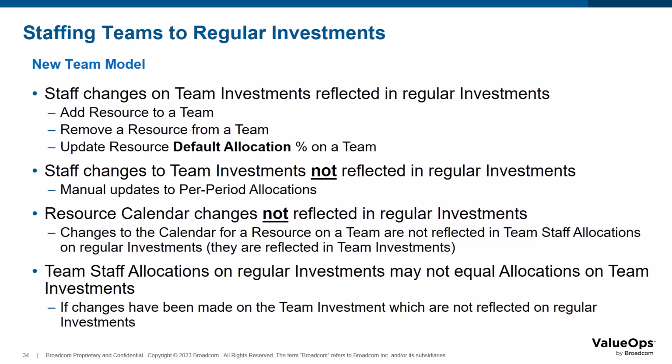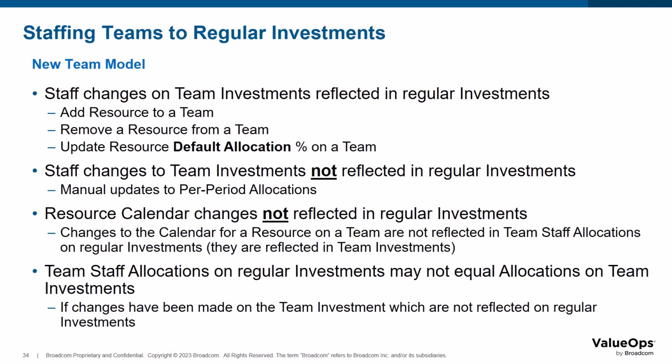And to recap from the prior slide, there are some calendar changes that you can make for the resources on a team that won't be reflected in any regular investments where the teams are staffed. And that is changes to the calendar for the resource, like their shifts and non-working days.